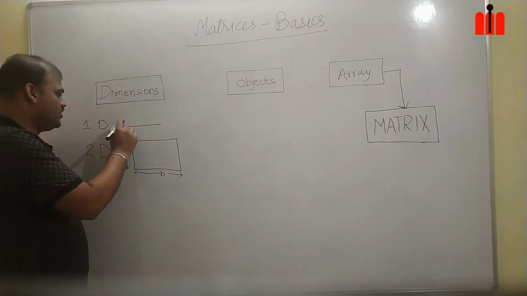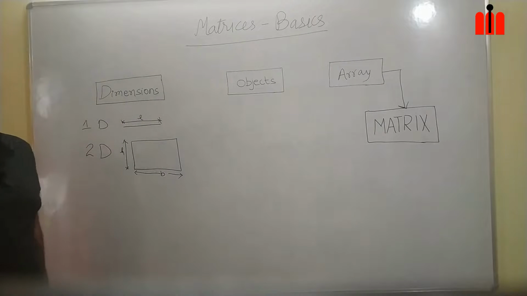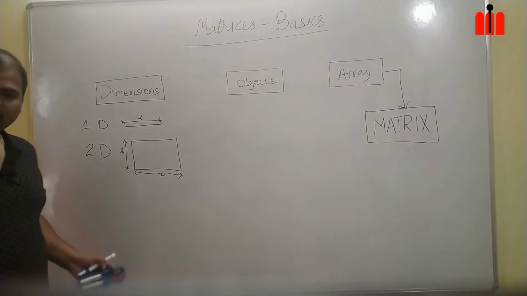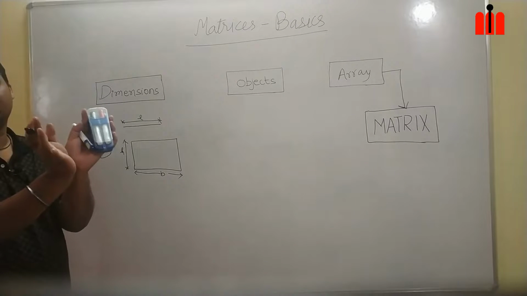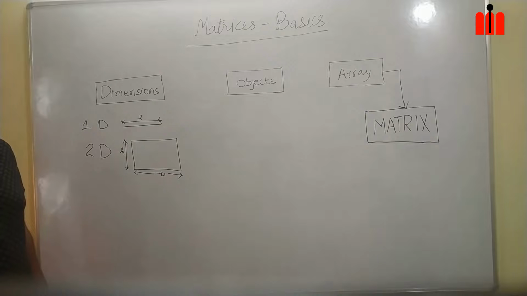For 1D we will only have length. For 2D we need a two-axis plane to define this geometry. Are you getting it?